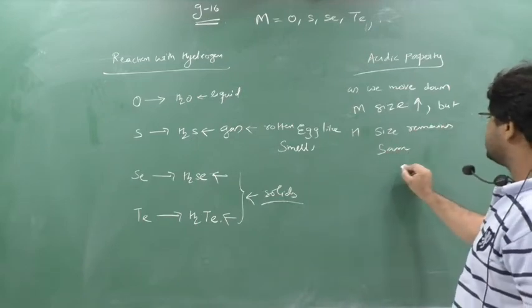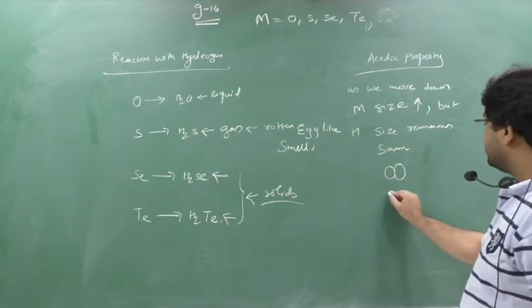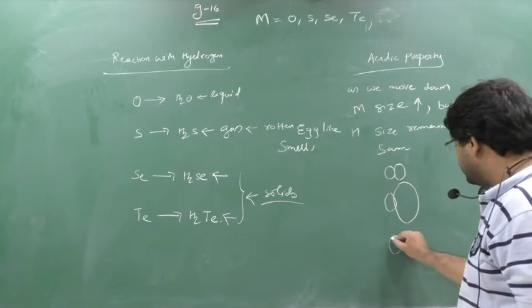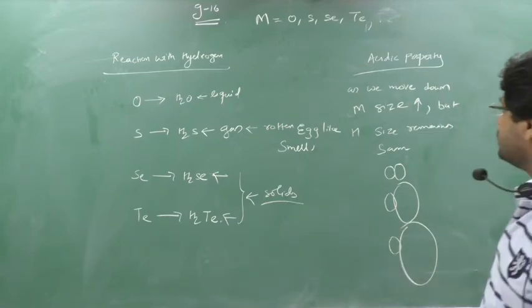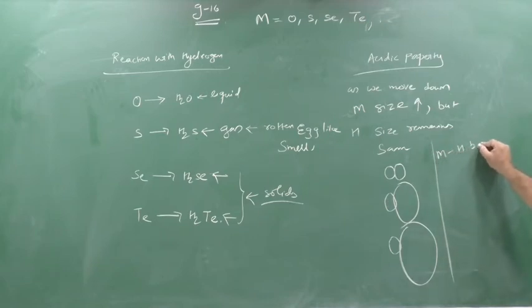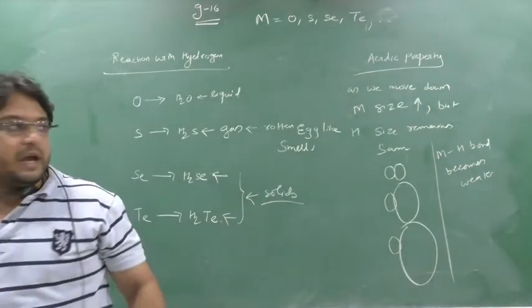See, suppose this is the size of H and this is the size of the first element of M. Then H size remains the same but M size increases. Again H size remains the same but M size again increases. So moving downside the group, what happens? This MH bond becomes weak. Yes or no? M size increases, due to which the MH bond becomes weak.